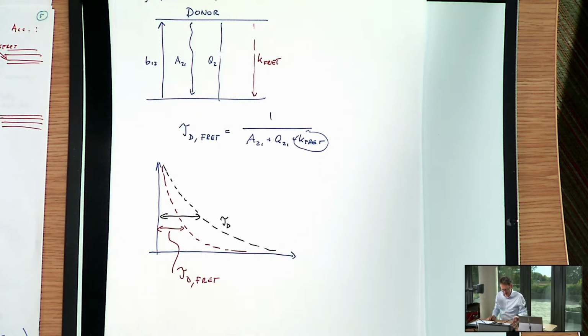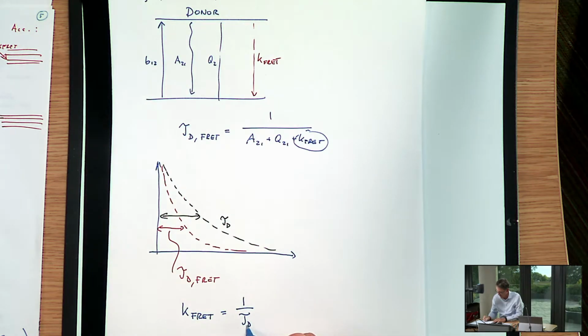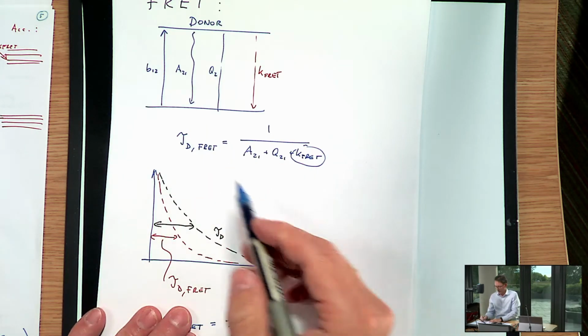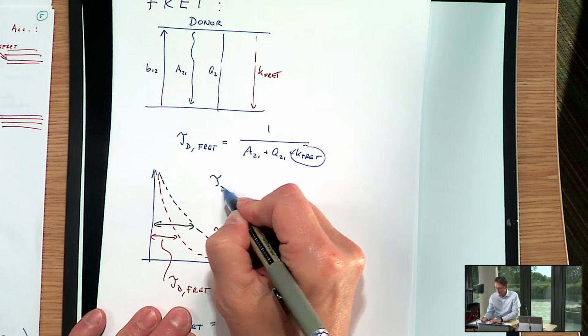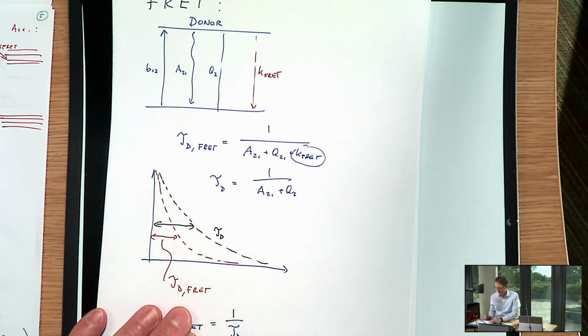So the rate k FRET at which this happens is equal to 1 over tau D. Remember, tau D is just 1 over A21 plus Q21 without FRET.